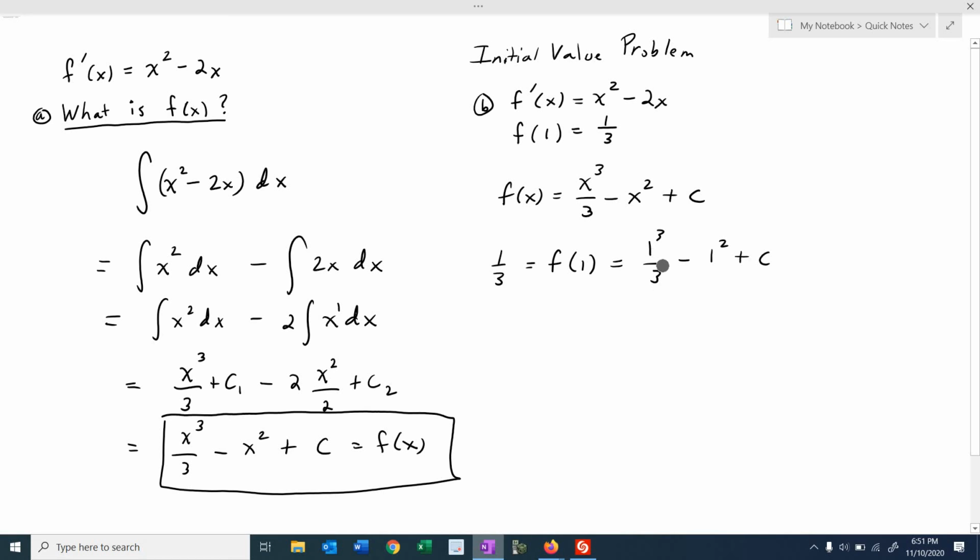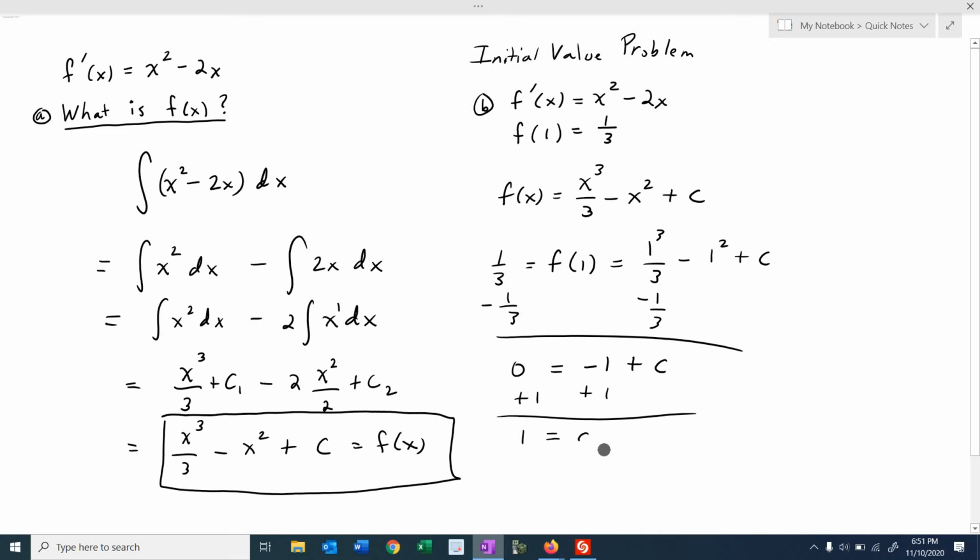Okay, so you can see, subtract 1/3 from both sides, and that leaves you with a 0 over here. And then a -1 plus a c, and then you just add 1 to both sides. And so c must be equal to 1. And so the only function that would satisfy this differential equation and this initial value requirement would be this function here. x cubed over 3 minus x squared plus c equal to 1, so plus 1.